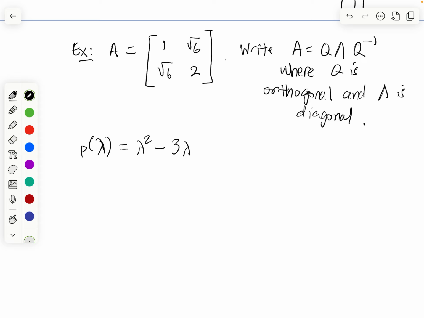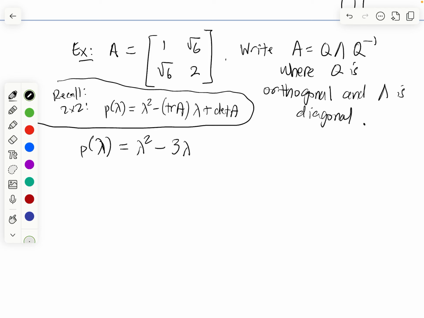Just recall that for 2 by 2 matrices, P of lambda is lambda squared minus the trace of A times lambda plus the determinant of A. That's a useful fact because it makes it easier to find the characteristic polynomial.